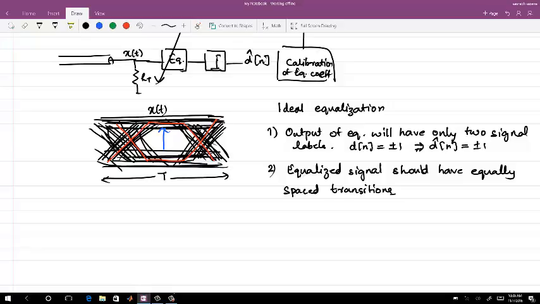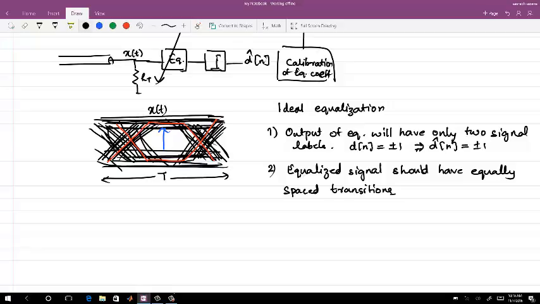And the other thing we surely have to determine is the data rate. So let's say you know the data rate, but you do not know the actual bits. If you know the data rate, the transmit side should always have transitions at equally spaced intervals.